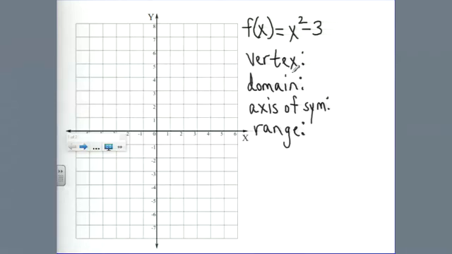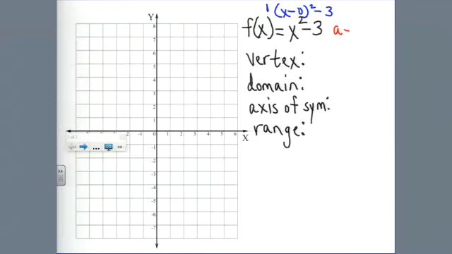Now, our parabola is not in the x minus h squared form, but we can rewrite it as such so we can identify the vertex. So we can actually rewrite this as x minus 0 squared minus 3. Now a is still the leading number in front of your x. So in this case it's understood to be 1.